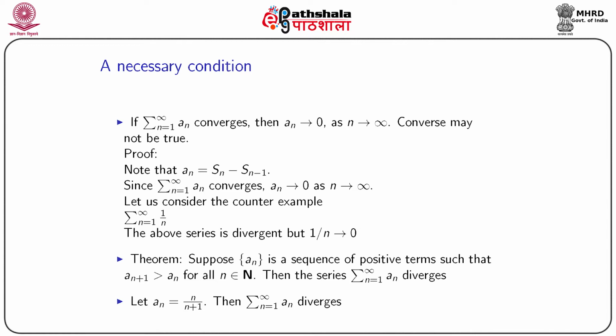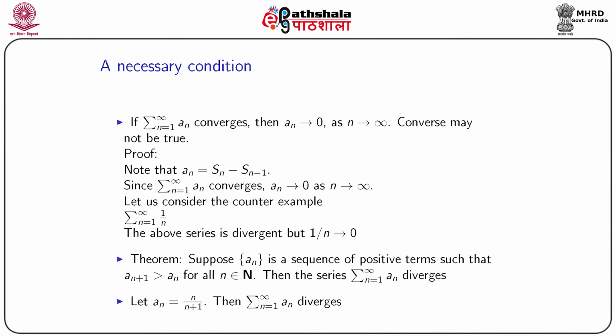Similarly, I can construct a3, a4, a5, a6 in this way as a difference of Sn and Sn minus 1. The condition given is that the sum over an converges. So by definition, Sn and Sn minus 1 both converge to the same number. So an tends to 0 as n tends to infinity.